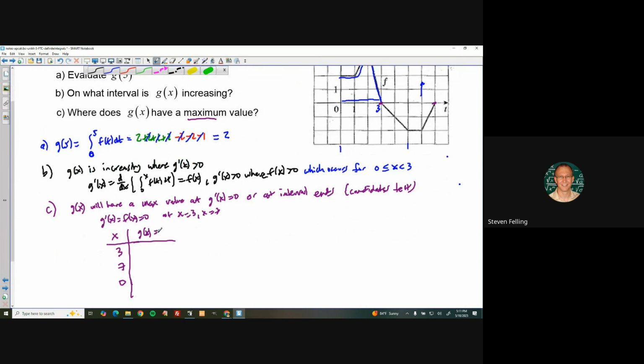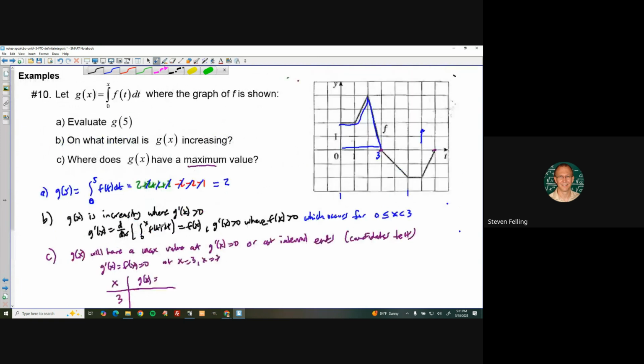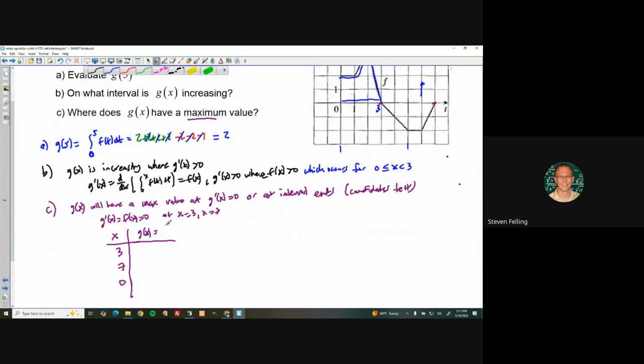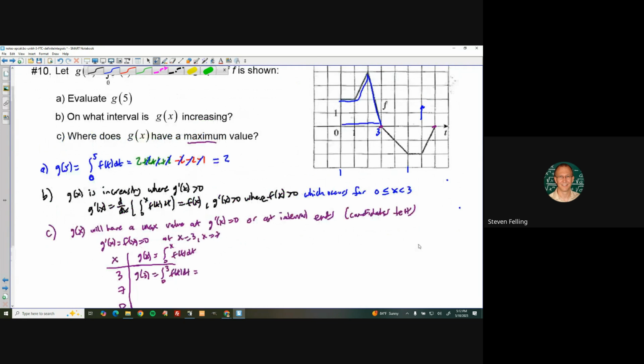But g of x is defined with this integral definition as the integral from 0 to x of f of t dt. So to evaluate this at 3, g of 3 is the integral from 0 to 3 of f of t, which means we have to find the area under the curve between 0 and 3. So let me go back to the method with the geometry things there.